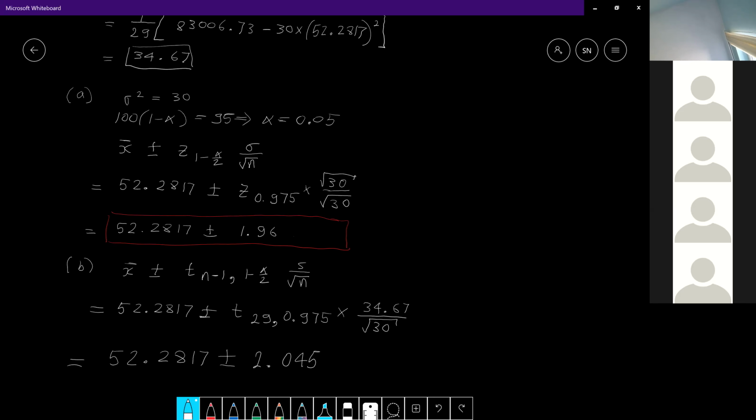That's what you will get if you look up the table, multiplied by 34.67 divided by the square root of 30. All right, so this is the answer to part B of question 2.